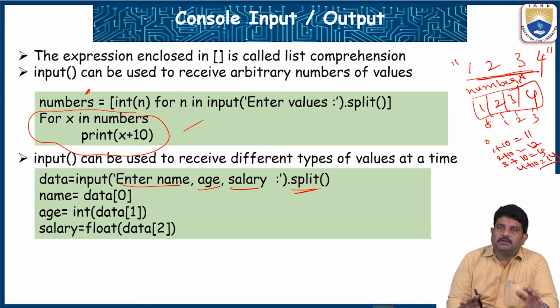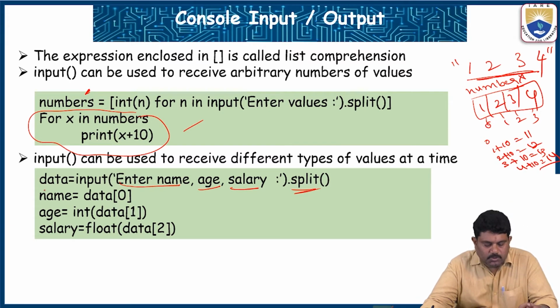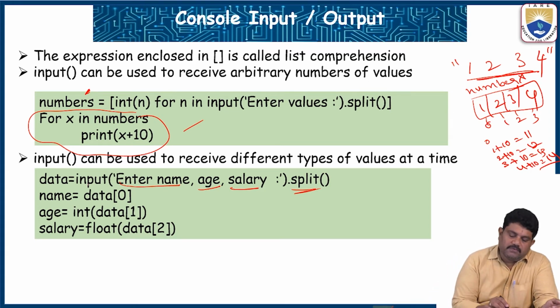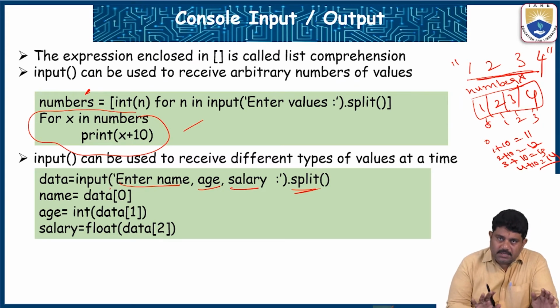I am entering 3 different kinds of data as parameters to the input function, and splitting those into 3 values and storing into data. So now we can print name equal to data of 0, age equal to int of data of 1, salary equal to float of data of 2, because this input function returns a string.